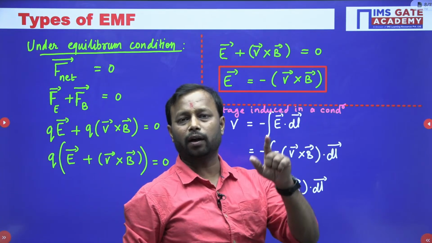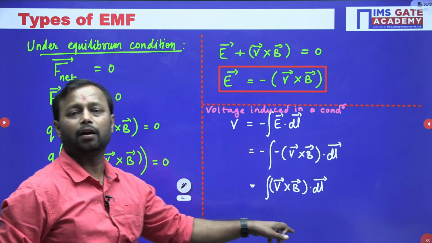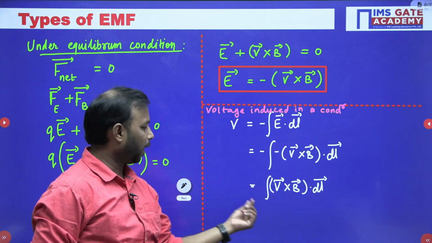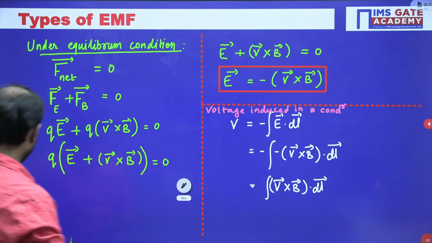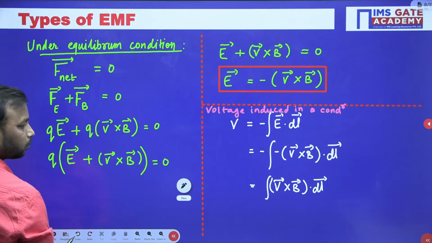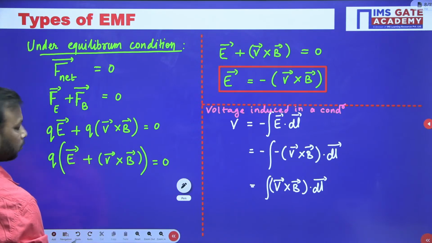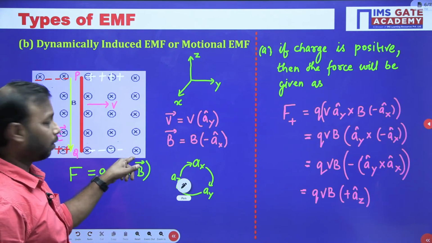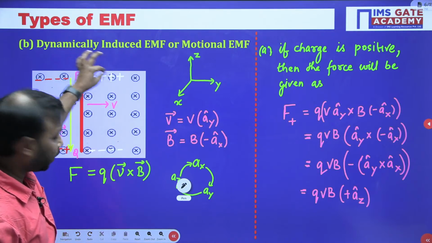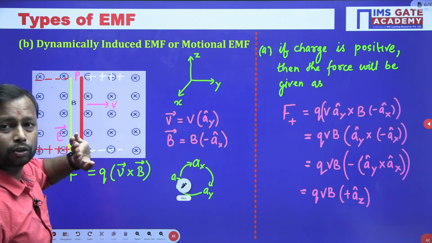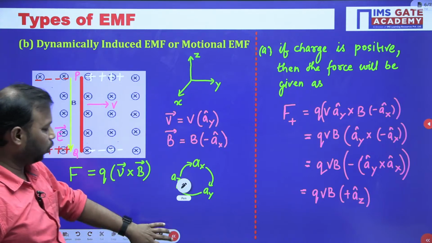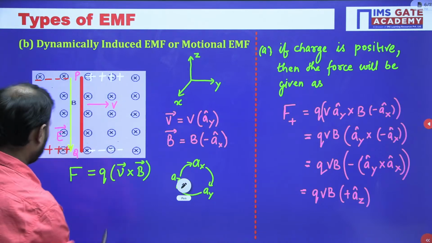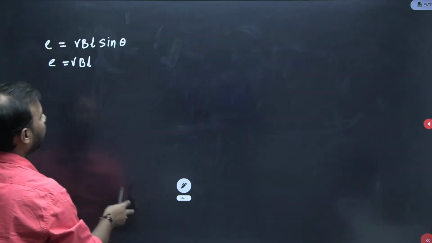DL is the length of the conductor and it is always directed from negative charge to positive charge. तो यहां पे देखिए, where is negative charge? Negative charge is here. And where is positive charge? Positive charge is here. So it means that in the induced EMF, your plus terminal will be here and negative terminal will be here. I mean to say, how are we going to represent it?